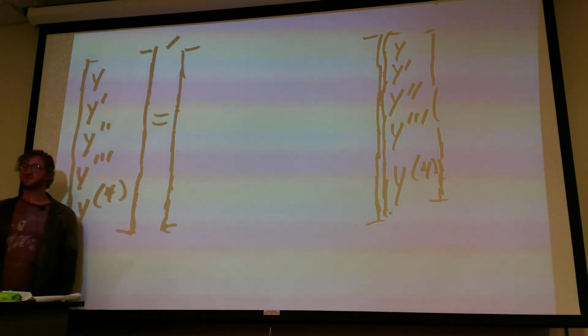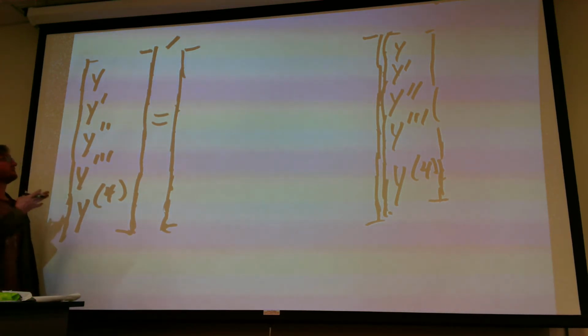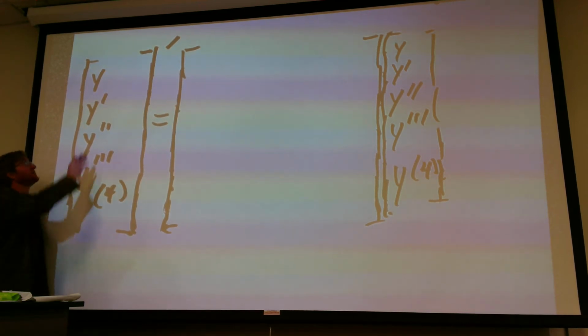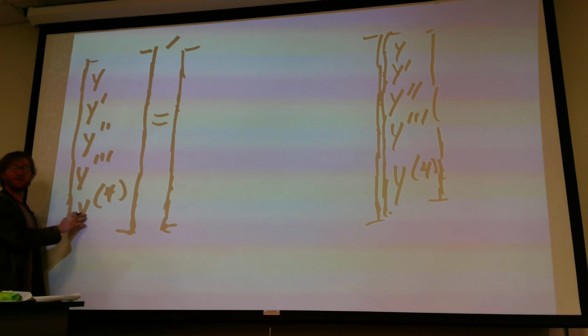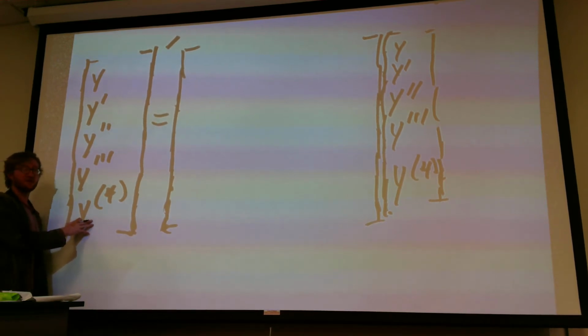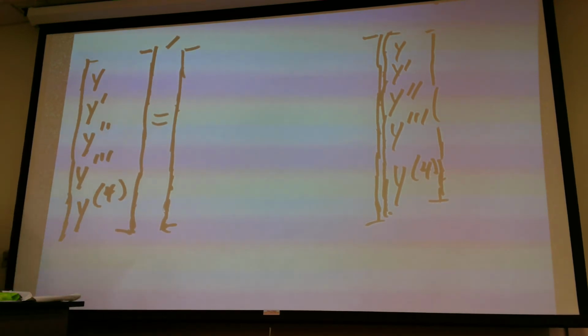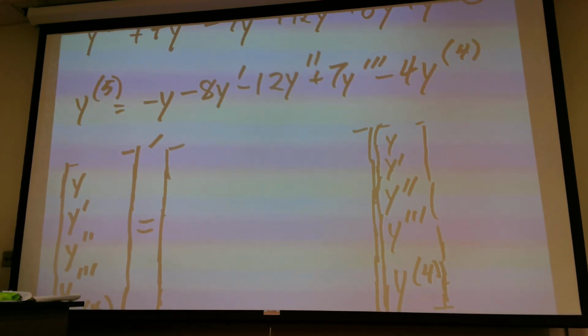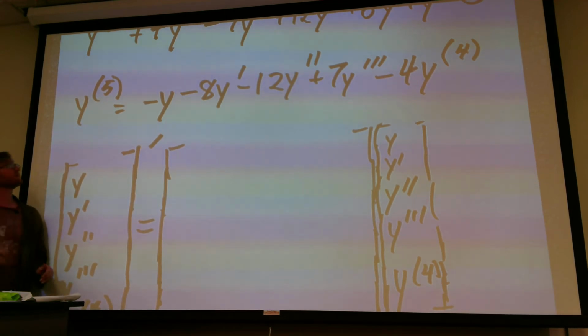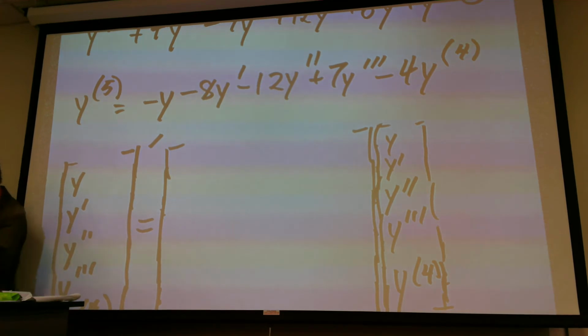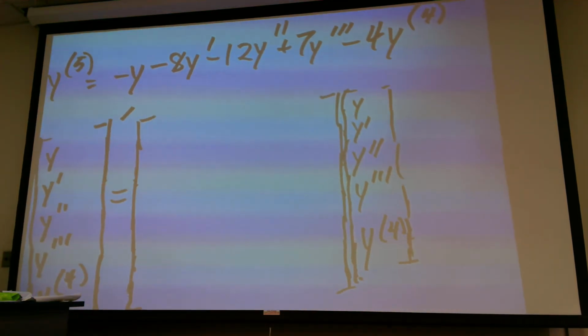Now think about this. If I take the derivative of this side of the problem, what is this last one here? The derivative is up there. It's going to be applied to this thing right here. So this is really the fifth derivative. Since this is the fifth derivative, we're going to use this equation right here as the bottom row.